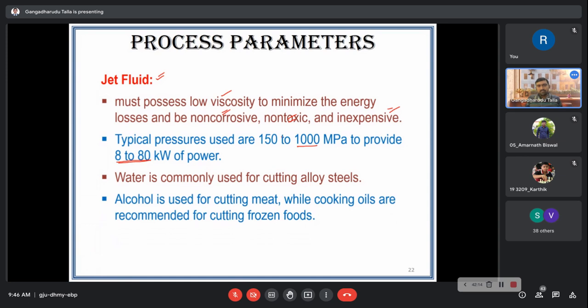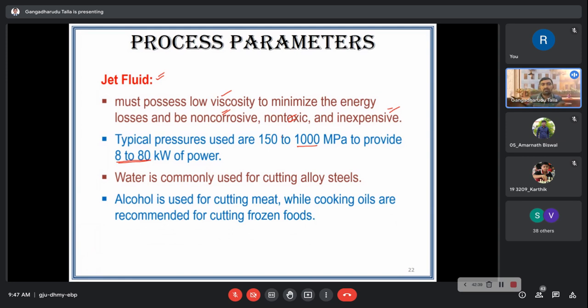Now alcohol is used for cutting meat. Water jet machining is used for cutting vegetables, meat, etc. in some restaurants, if you want good designs for appearance purposes. Some decorative items will be there on food, so they will be cut.